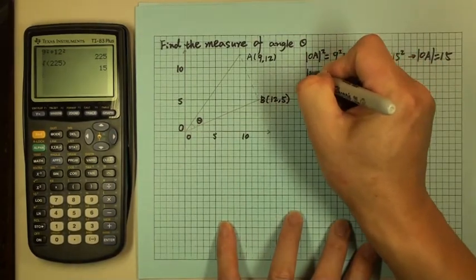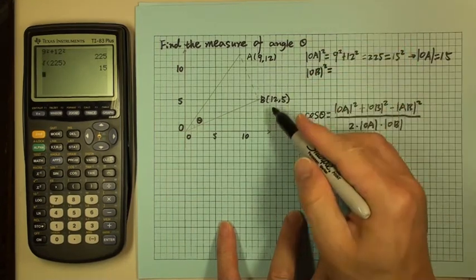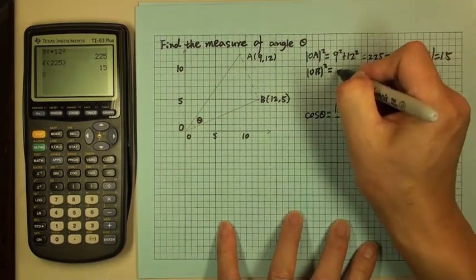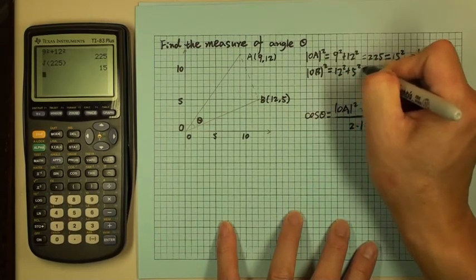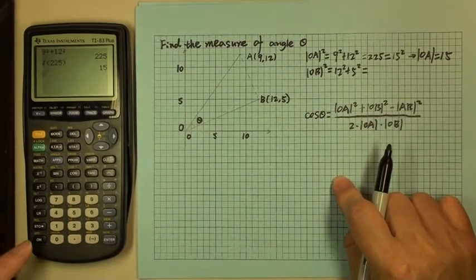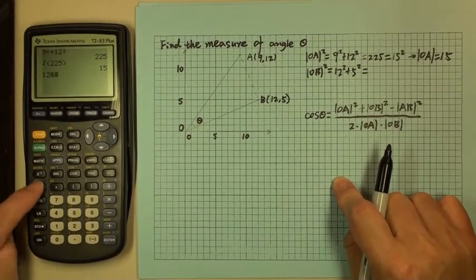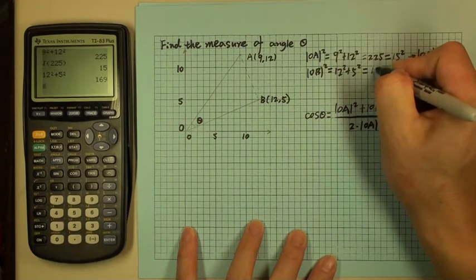Similarly, you can find out OB squared. That's x coordinate squared, 12 squared, plus 5 squared. So this is 169.